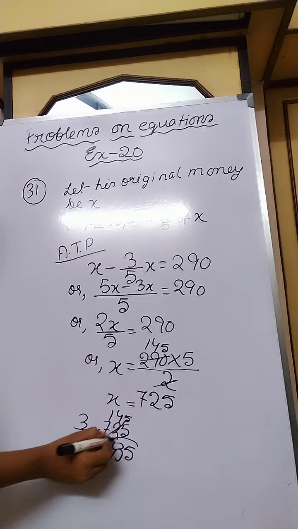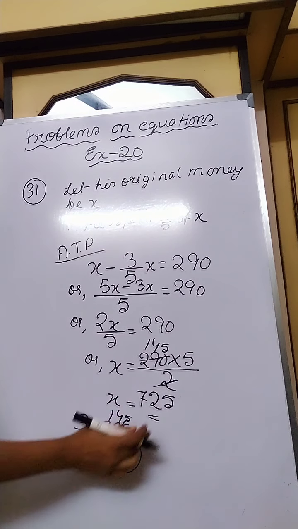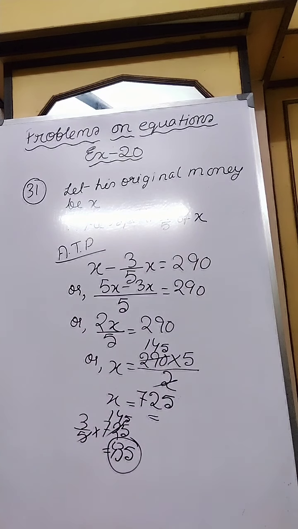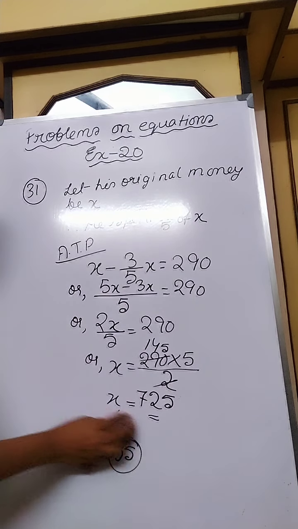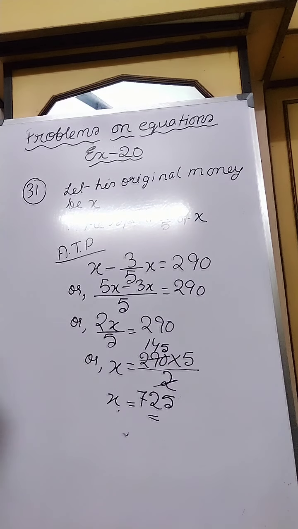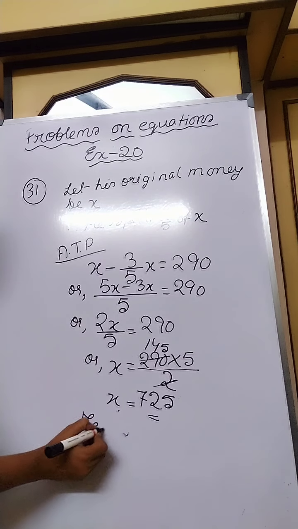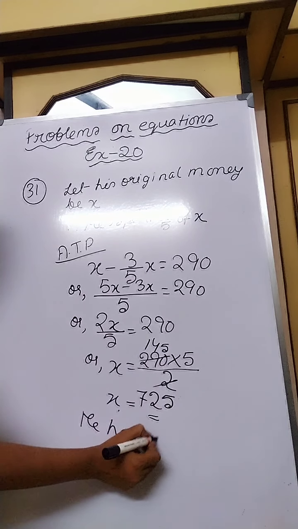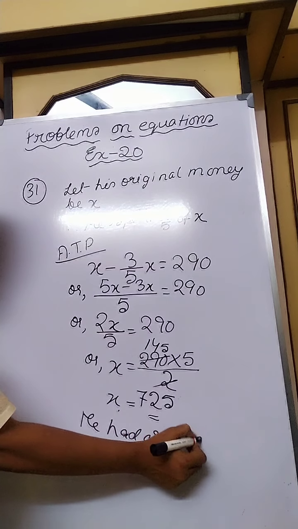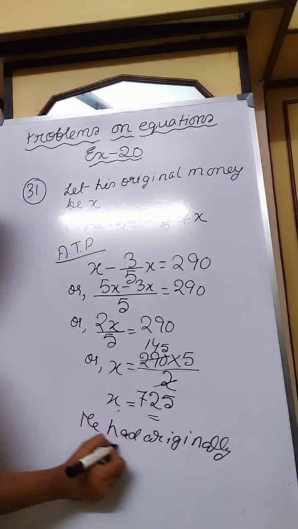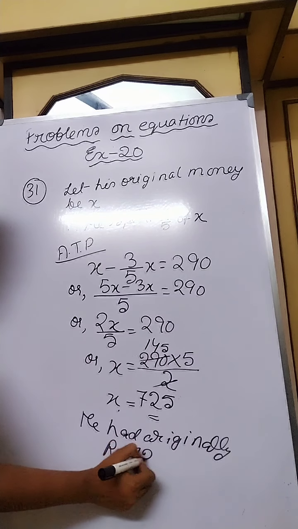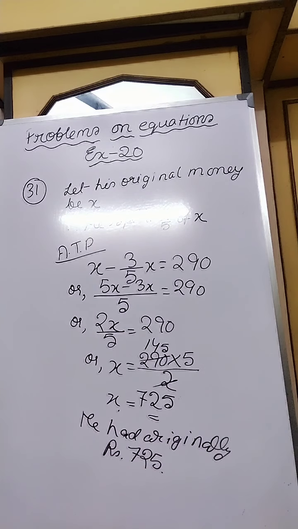Originally he had this much, and this minus this will definitely be 290. So in this way you will solve for the original money. You have to write that he had originally rupees 725, and that will be the end of the sum.